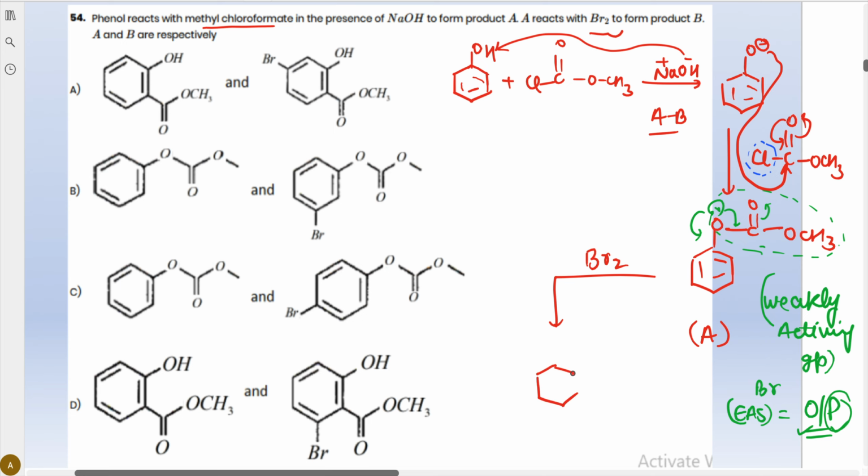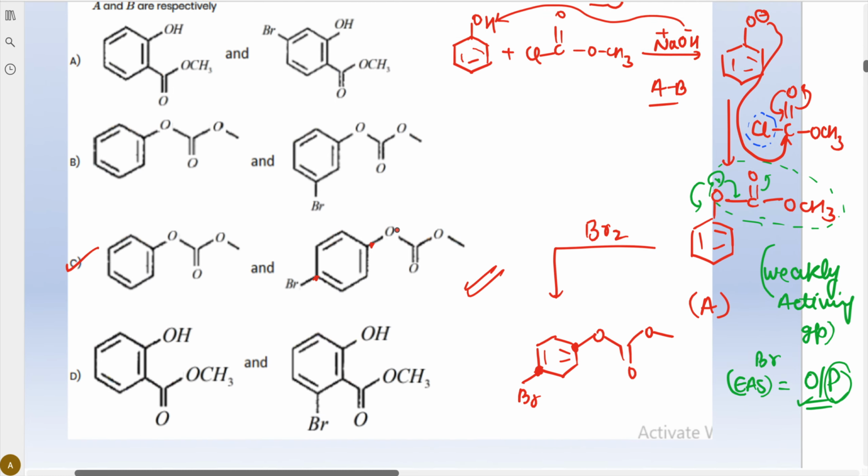So what answer we will get? Try to see. So here we will get something like Br will be at the para position of this group. Br will be at the methyl formate group's para position. So according to this our answer correct should be C option. Try to see C option. In C option here you have this group and Br is at the para position. This option is the correct. Rest all options are wrong. Try to see. This is your answer.